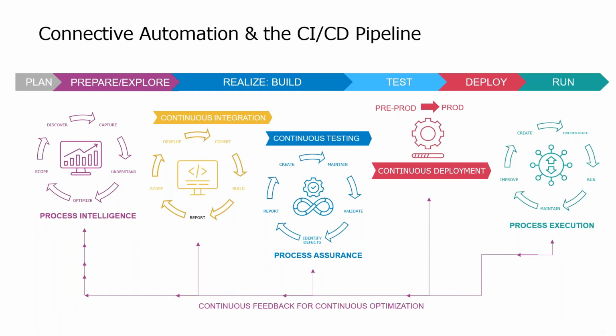This is what I was talking about within our connective automation platform. We shift right those test automation artifacts and actually use them as part of production automation with the RPA, robotic process automation, portion of our portfolio. So for anybody looking to automate their production processes, this is a virtuous cycle where we take the artifacts that we tested in QA and use them to drive production automation.